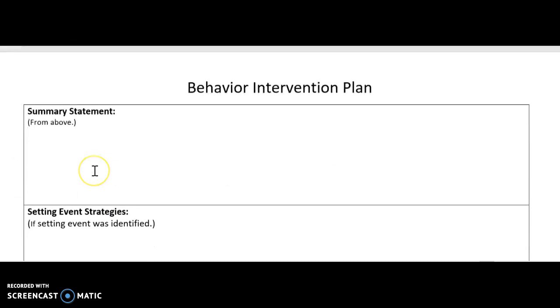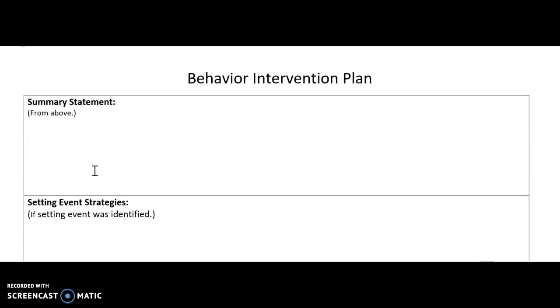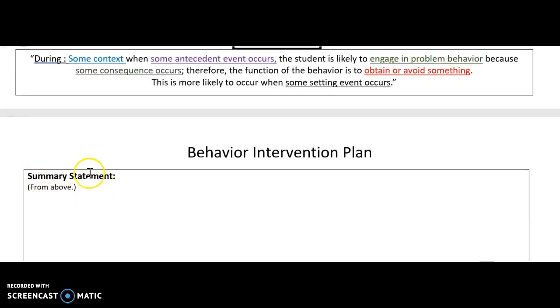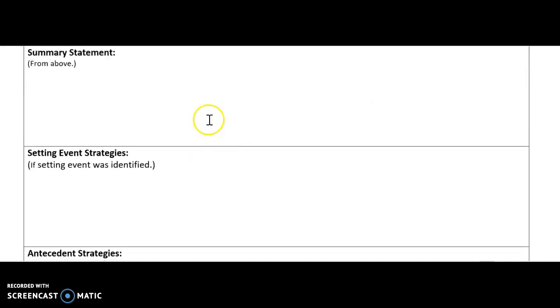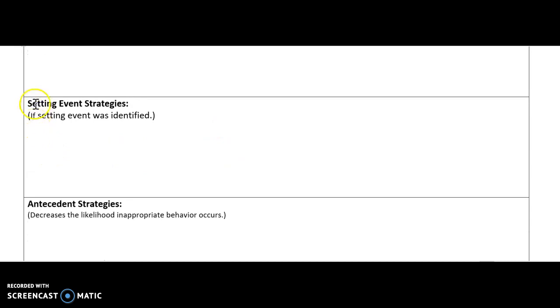So now you start writing your intervention plan. You have it all mapped out. So the summary statement, you're just literally copying this and putting it down here. This is the beginning of your plan. If you had a setting event identified, you're going to start identifying strategies to support that. Many times the setting event is happening outside of school. We can't say, Mom, I want you to do this.